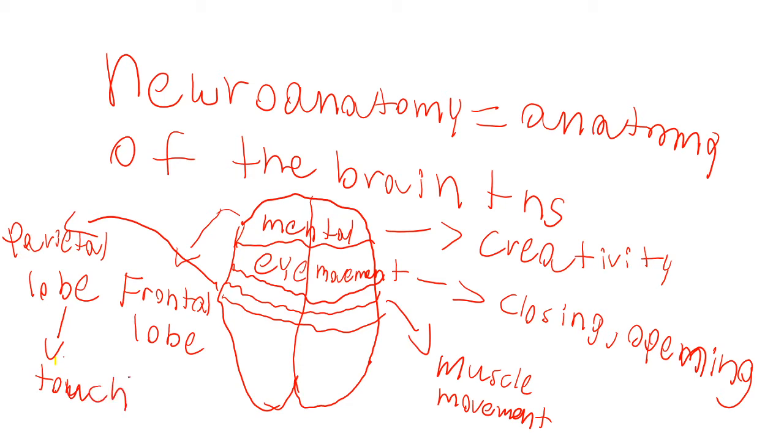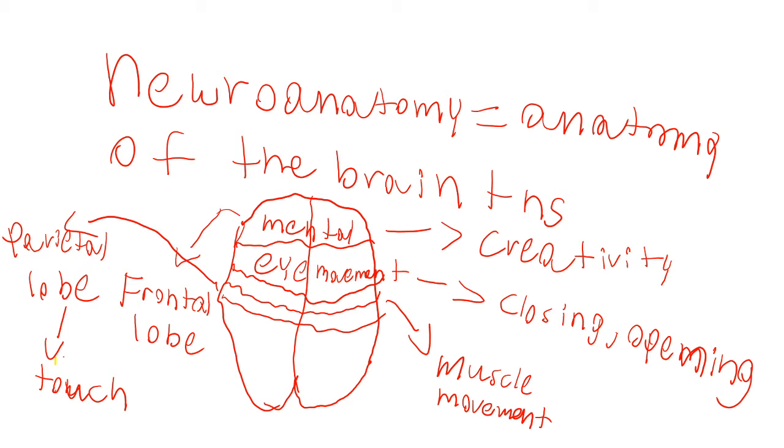When you touch something, that's also the use of the parietal lobe. It creates a sensation that you're touching something. Let's say you touch a computer, like I'm touching a computer right now. The parietal lobe is giving a sensation that I am touching a computer, and different things feel different. That's all the work of the parietal lobe, one of the most important parts of the brain.